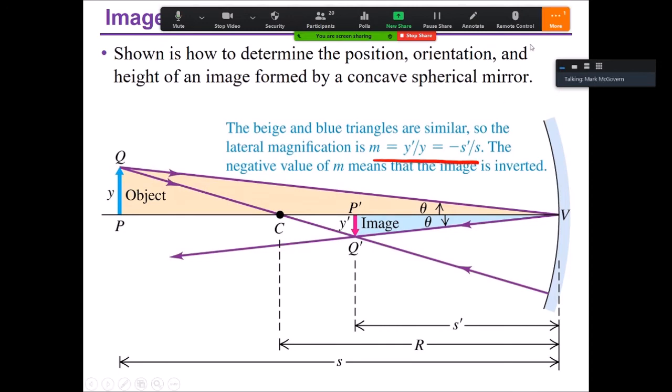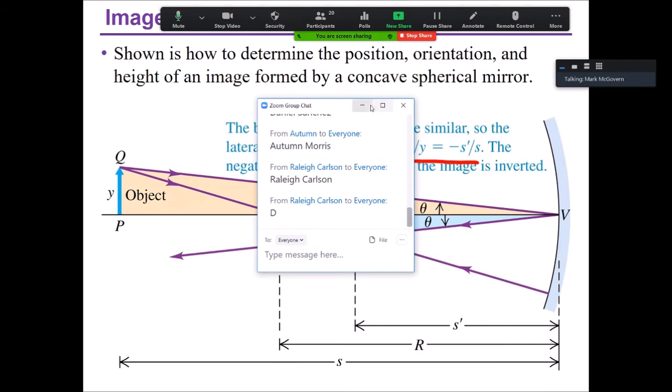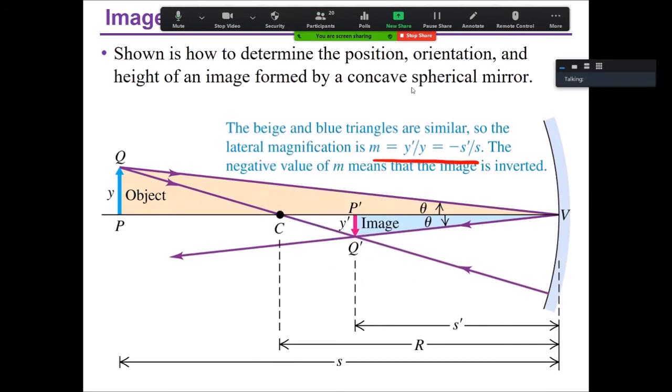And so you can either do a ratio of the heights here, or you could do a ratio of the distances. Notice there's a negative sign here. And the reason why the negative sign is there is to communicate that the image is inverted.